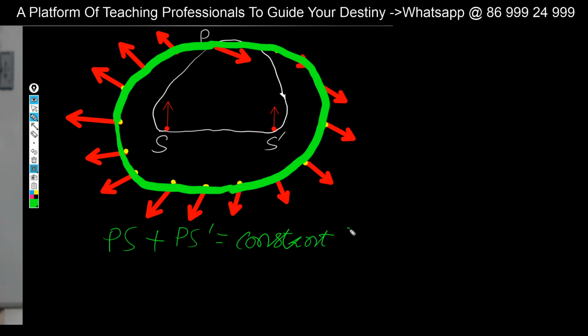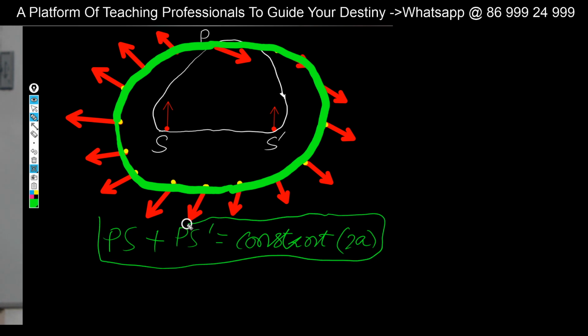In general, it is denoted by 2a. So PS plus PS dash is equal to constant 2a represents an ellipse, please. This is the definition of ellipse, the sum of the distances.